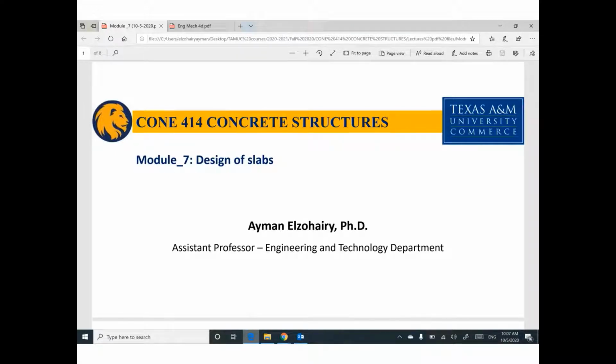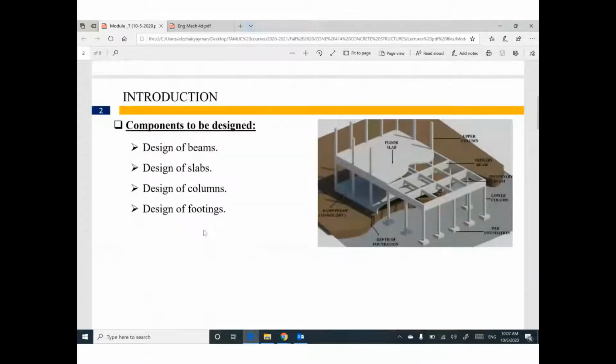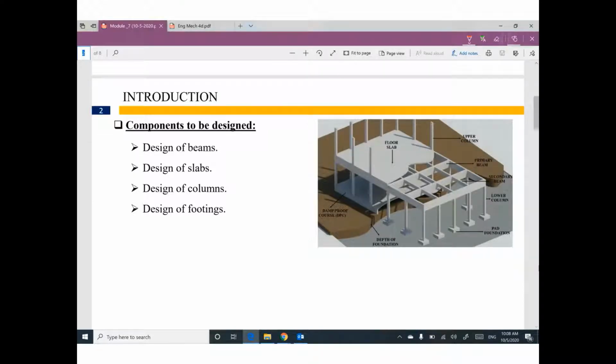Just to remind you of our progress until this moment: we have a concrete structure, because this course is about concrete construction. We have different parts in this building. Until this moment, we covered only beams. We covered beams under the effect of bending moment.